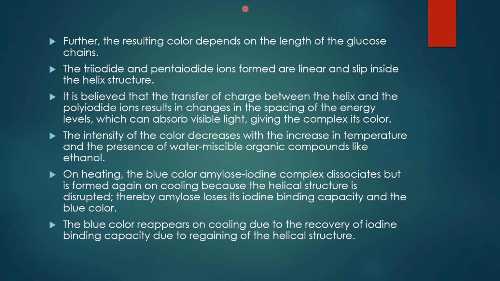So the resulting color depends on the length of the glucose chains. The triiodide and pentaiodide ions formed are linear, and they slip inside the helix structure.